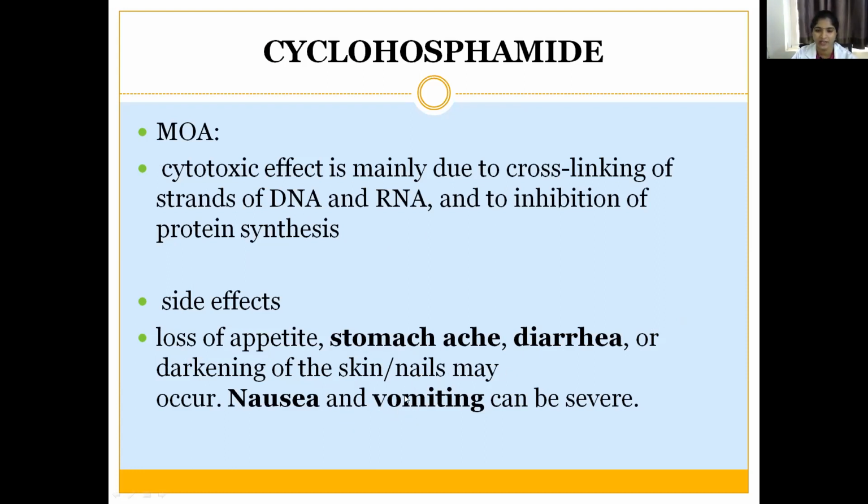Nausea and vomiting are the severe adverse effects. Darkening of the skin and nails is a side effect of cyclophosphamide, and it also causes stomach ache, diarrhea, and loss of appetite.